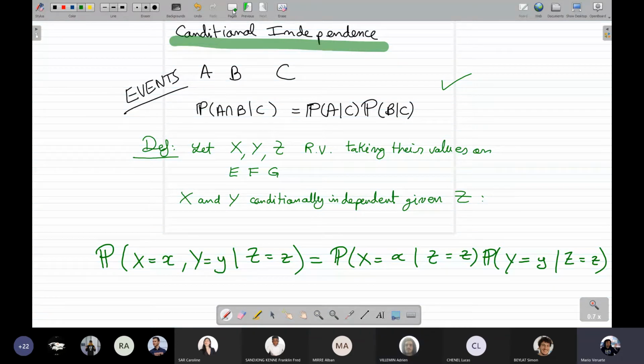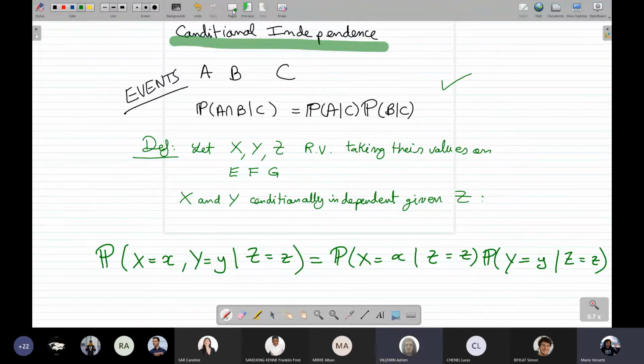Okay. So this is the type of computations you can answer to, or you can ask, is this independent? Is the weight and the height conditionally independent given the sign?